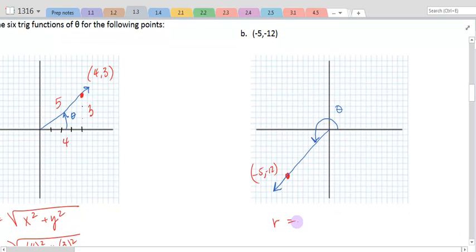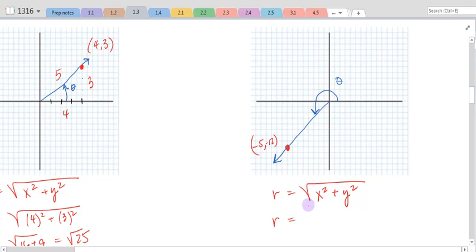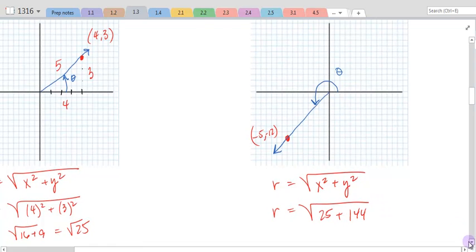We can find r by taking the square root of x squared plus y squared, which is the square root of (-5) squared, which is 25, plus (-12) squared, which is 144, and that gives me the square root of 169, which is 13.